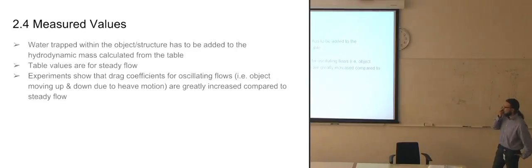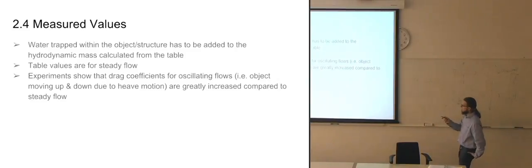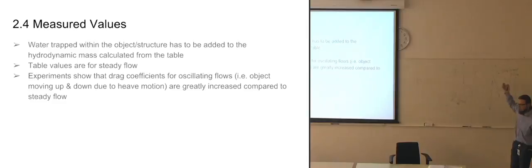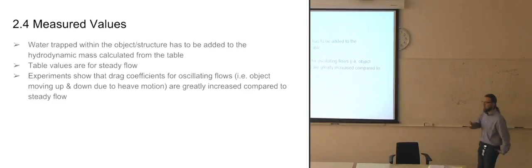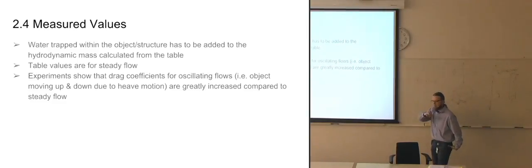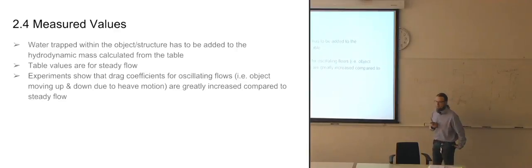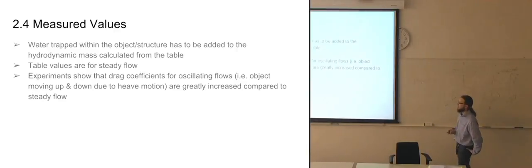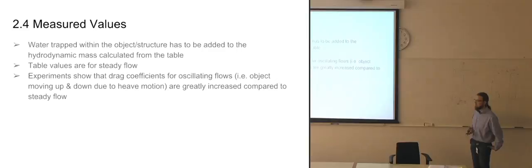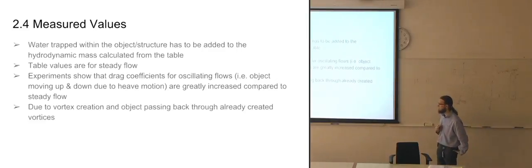And experiments on the drag coefficient for oscillating flows, which is basically what I was talking about here, where you get the heave motion in. So oscillation just means that you're moving in a sinus curve in it. And it is greatly increased compared to the flow you get when you have a laminar flow going past it.